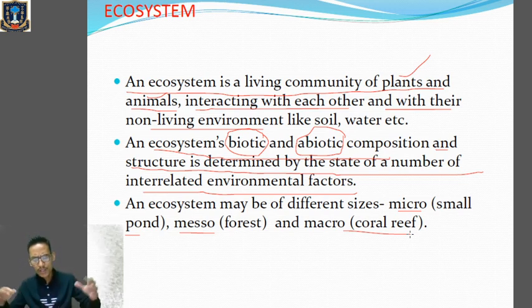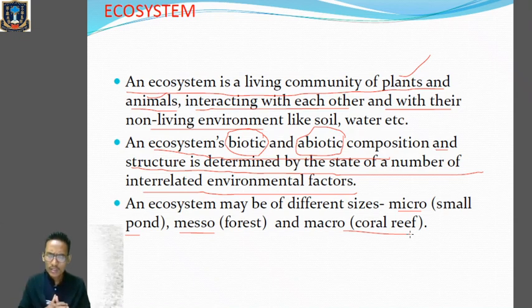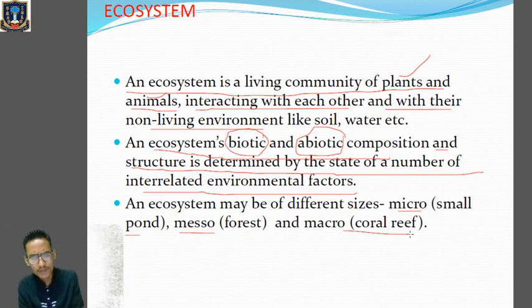Okay, so we have a huge variety of ecosystems of different sizes, and each ecosystem has its own characteristics, climatic conditions, soils, its own plant community and animal community. But due to the interference of human beings, there are very few ecosystems which are left untouched by man.